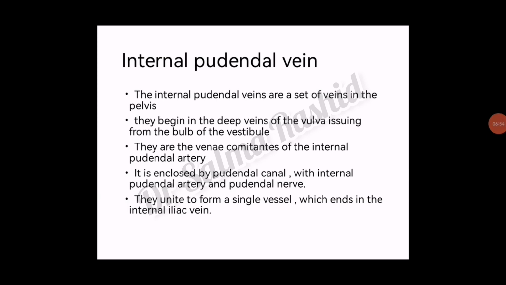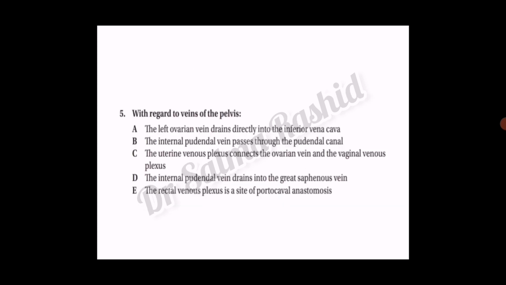Venae comitantes basically are pair of veins alongside their corresponding arteries. It is enclosed by a pudendal canal with internal pudendal artery and pudendal vein. They unite to form a single vessel which ends in the internal iliac vein. So the internal pudendal vein passes through the pudendal canal, it's true.